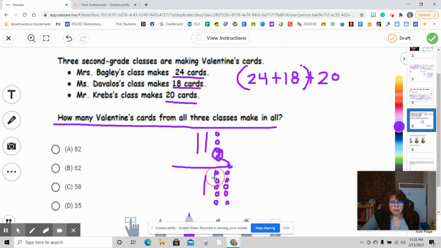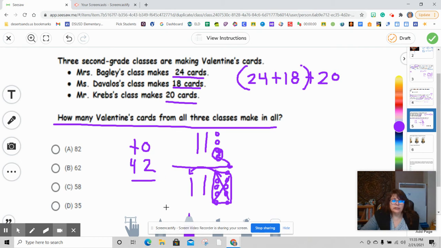So then I can box it, cross it, and regroup it. Okay, so now I'm going to write T O. I have 4 tens. Just remember, I added 1 more and I have to count them all, 4 tens. And then I have 2 ones. So now I have 42.